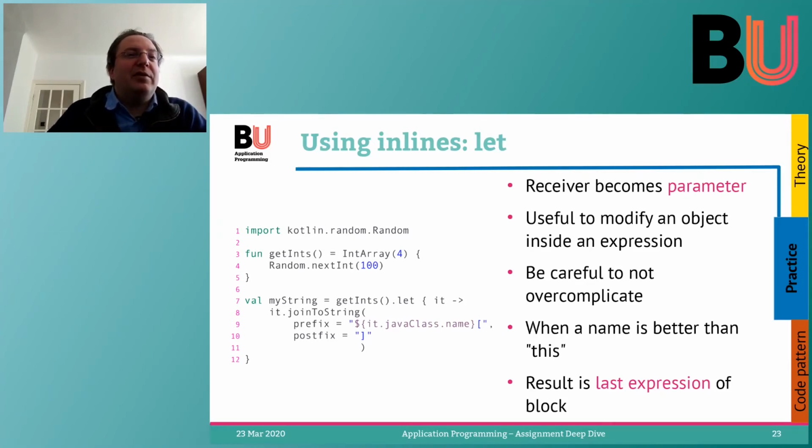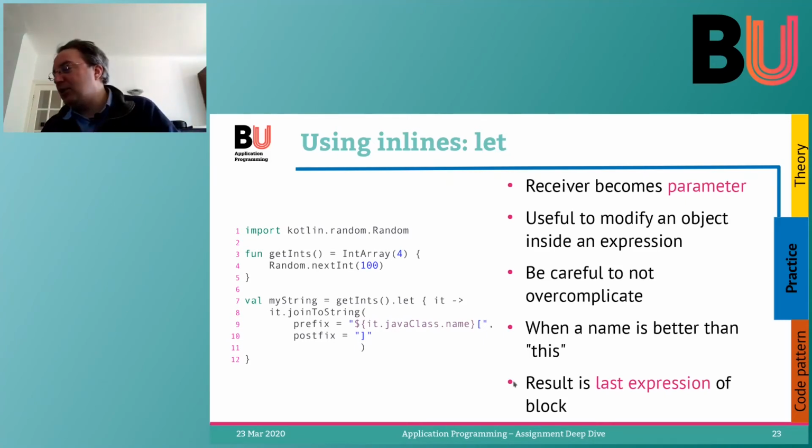In this case I use the name it for it still, because whatever, and then I join those elements to a string, and I set a prefix and a postfix. What I do here is, because I actually have it as a variable name, I can then also use it to get the name of its class and use it that way.